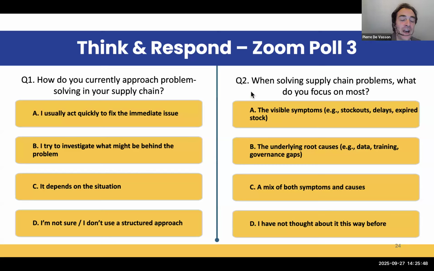Are you reaching the root cause? And our experience, Shreya, Sanjay, and me, is that in the supply chain, it's been decades that we've treated too much the symptoms, but not the ultimate root causes. And that's the reason why supply chain is lagging behind and should be way more optimized, effective, and efficient.